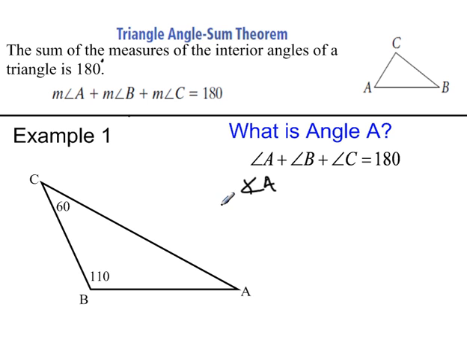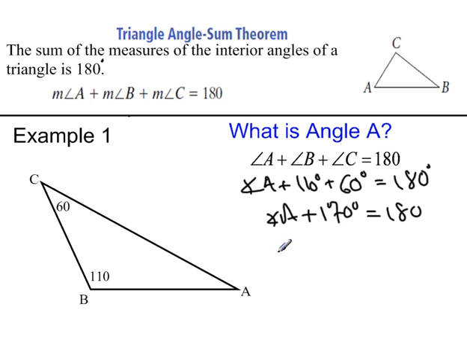So angle A plus angle B, which is 110 degrees, plus angle C, which is 60 degrees, equals 180 degrees. Combine the like terms, we get angle A plus 170 degrees equals 180. Subtract 170 degrees on both sides. Angle A is equal to 10 degrees.